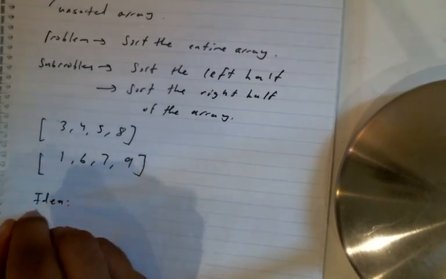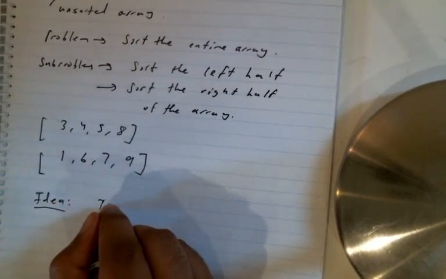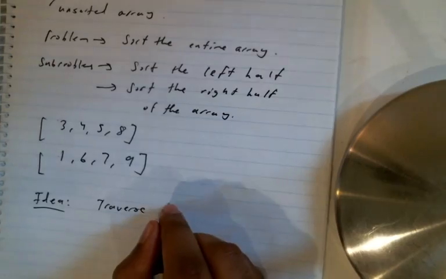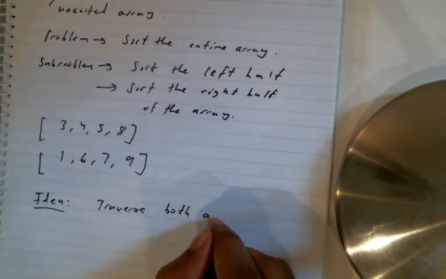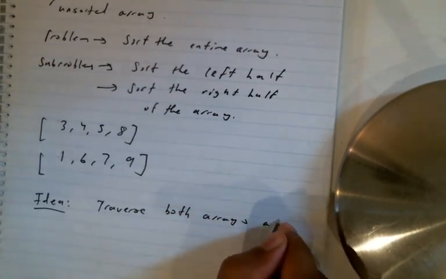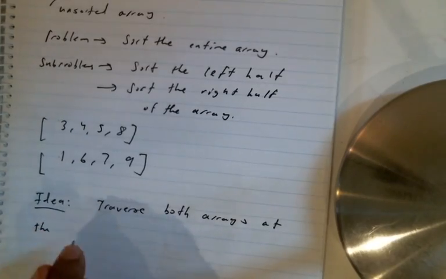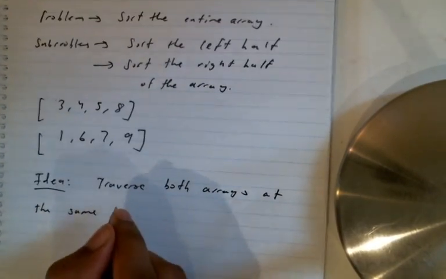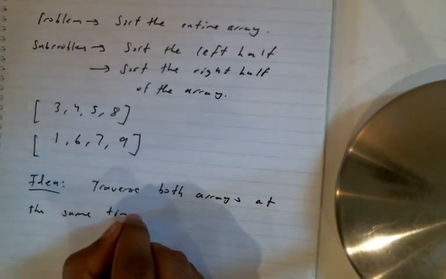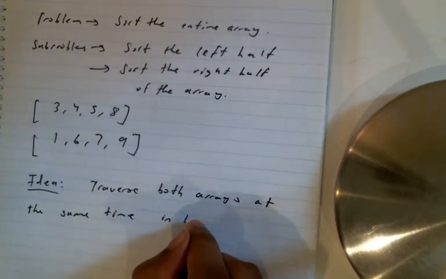There is a trick way of doing this, okay? So the idea is to traverse both arrays at the same time in lockstep.